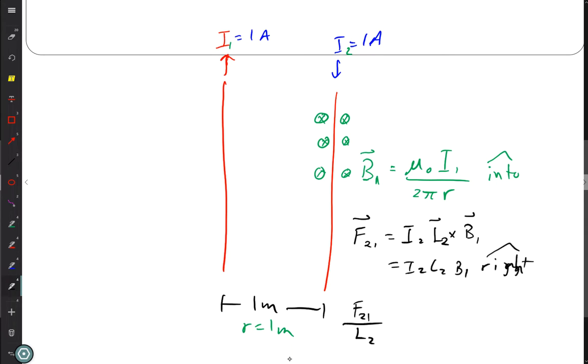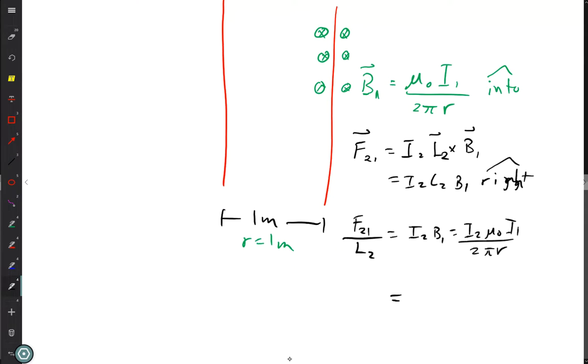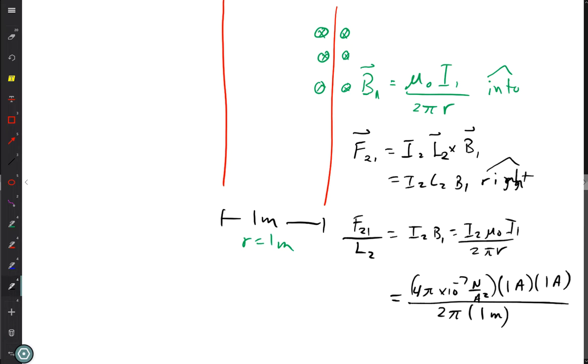Divided by L2 is equal to I2 B1 equals I2 mu naught I1 over 2 pi R. So that's going to be, and now we see that gives us 2 times 10 to the minus 7 newtons per meter.